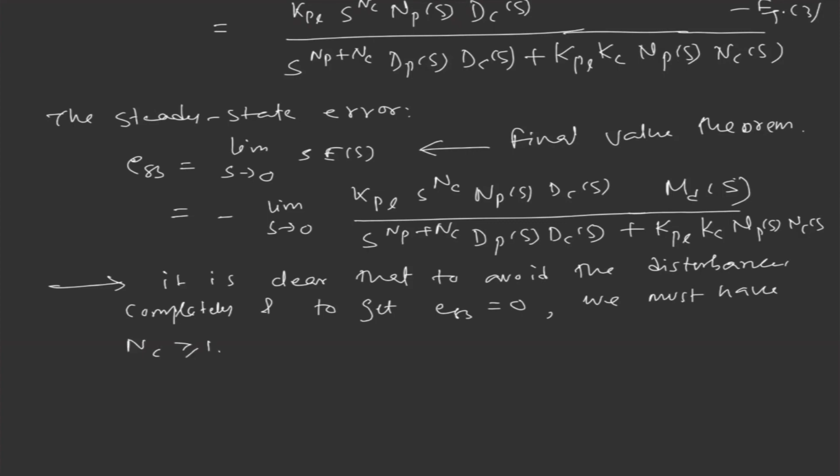Why? Because if N_C is greater than or equal to 1, then s will be multiplied to the entire function. And if you put s equal to 0, then e_ss goes to 0.